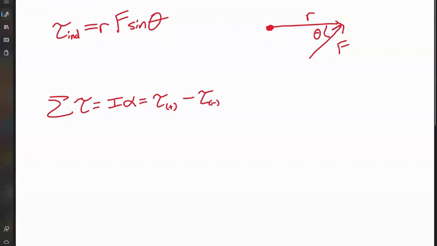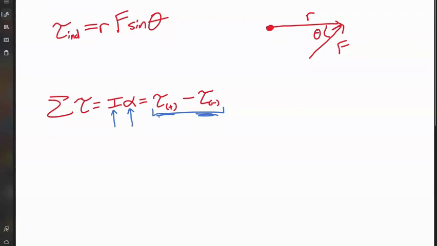And there's our expression there. So all of a sudden we can relate what's the thing that's rotating, how quickly is it changing its rotation based on the torques that are present, everything that's helping it move faster and everything that's causing it to move slower or slow it down. Where I is that rotational inertia. Remember everything that we did as far as relating rotational inertia to a radius, everything like that.